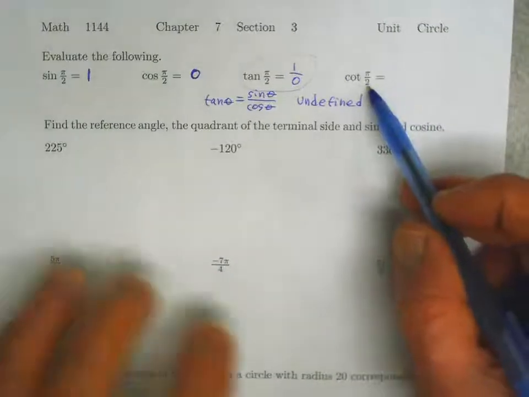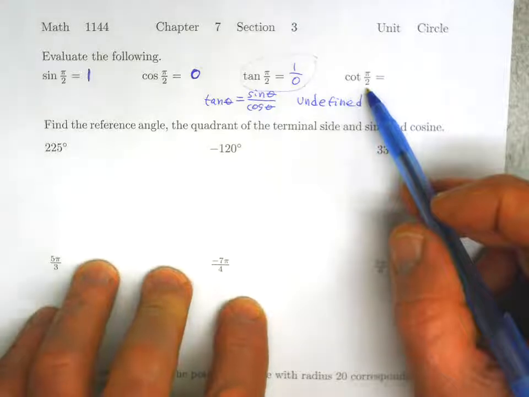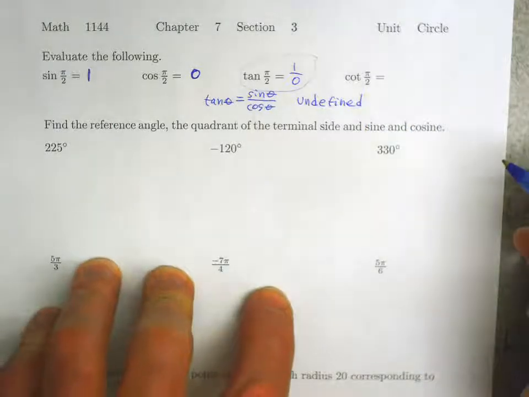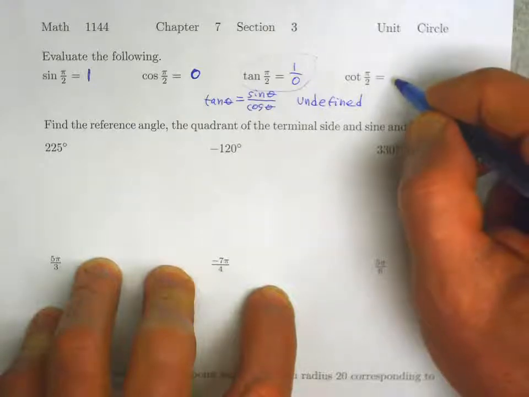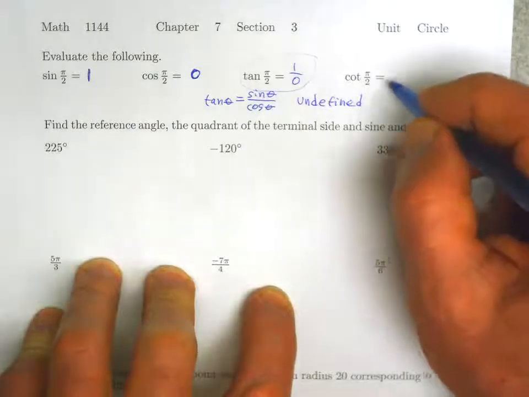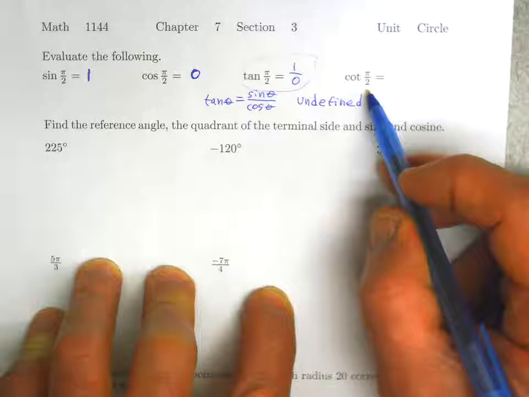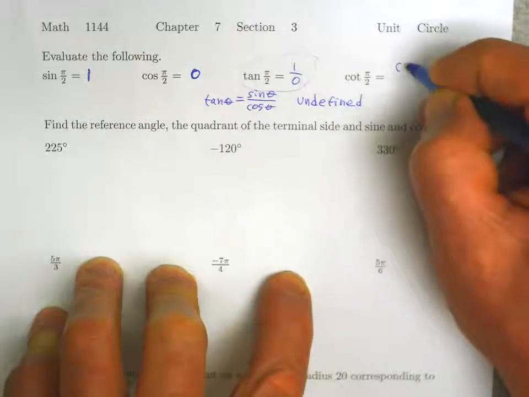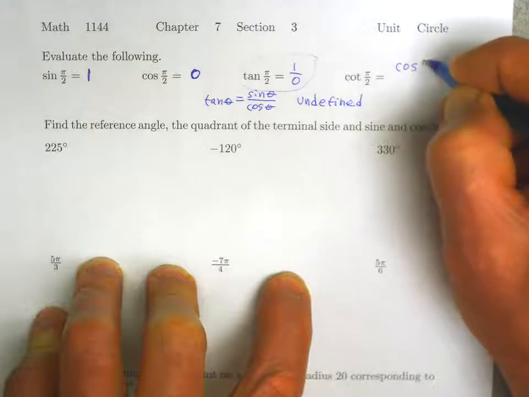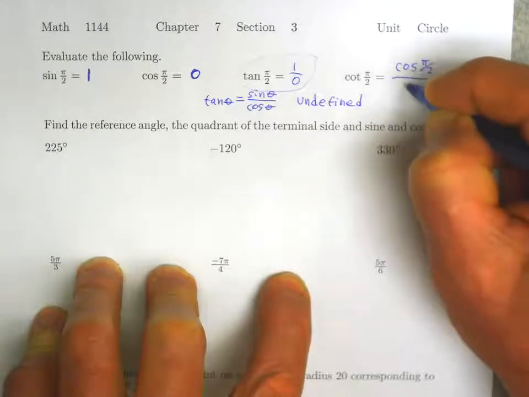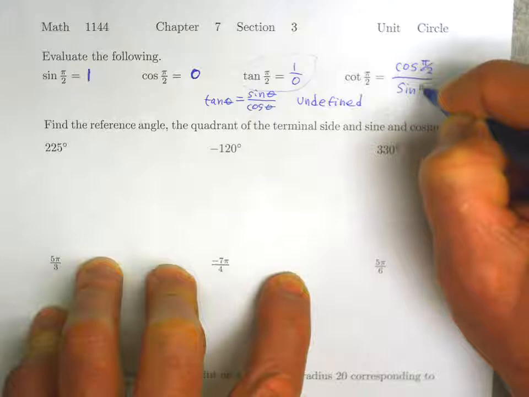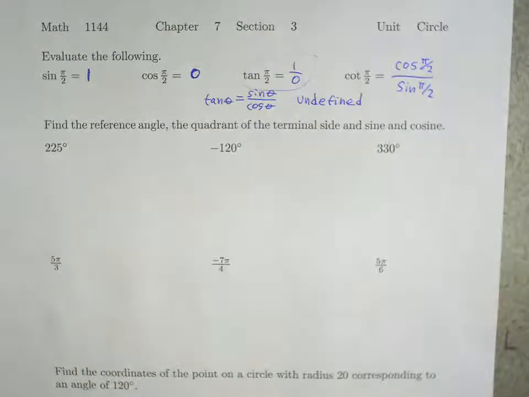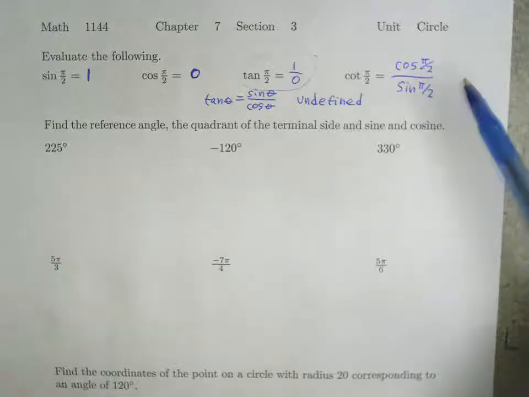Cotangent of t, in general, cotangent of t is the reciprocal of tangent of t. Or you can think of cotangent of pi over 2, in this case, as cosine of pi over 2 over sine of pi over 2. So hopefully that makes sense.